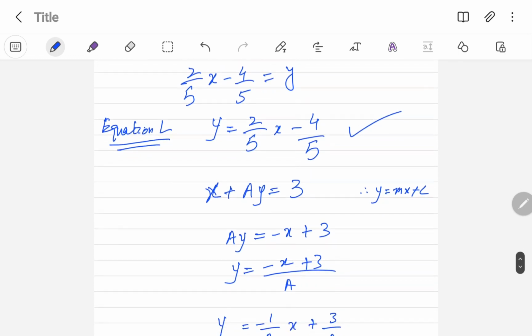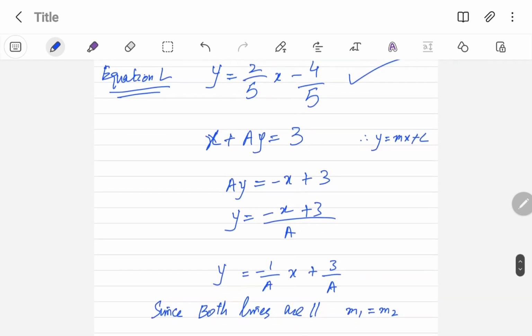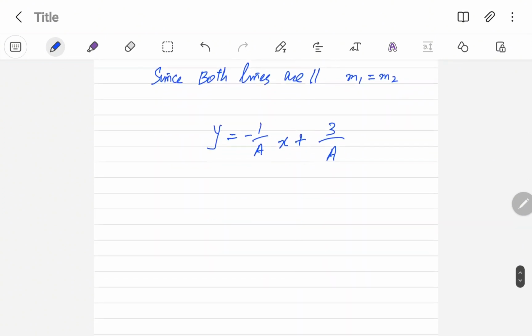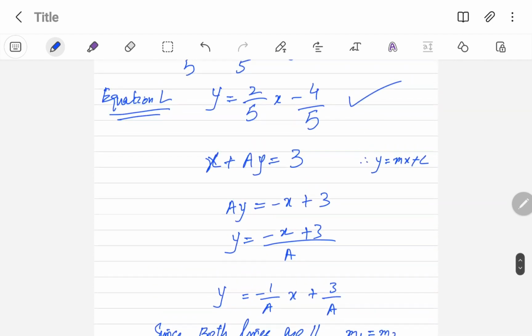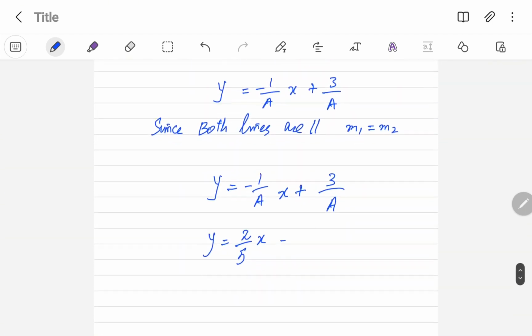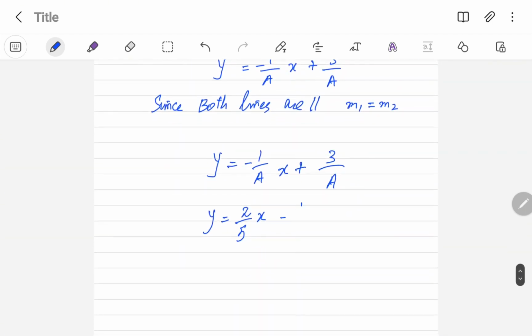It will be compared with the standard equation that we have found out earlier. Y is equal to 2 over 5x minus 4 over 5.